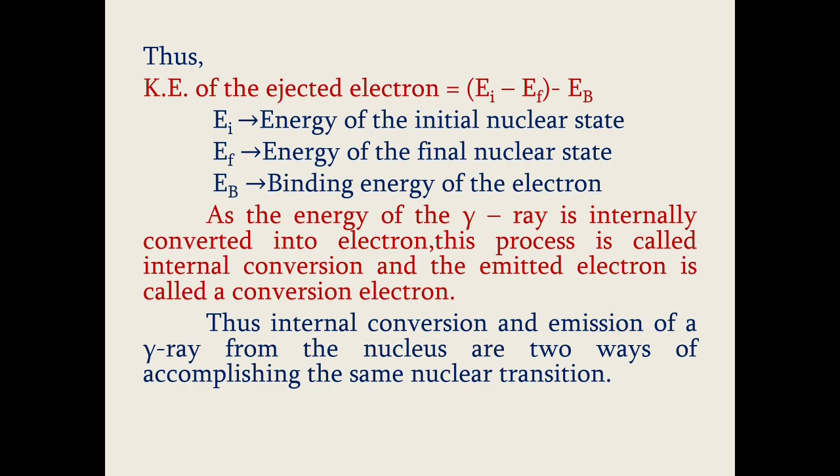When we draw a spectrum, you will have discrete peaks. Whereas in a beta decay, we have a spectrum of energy or a broad band of energy. Whereas during this transition, we will get the energy peaks.